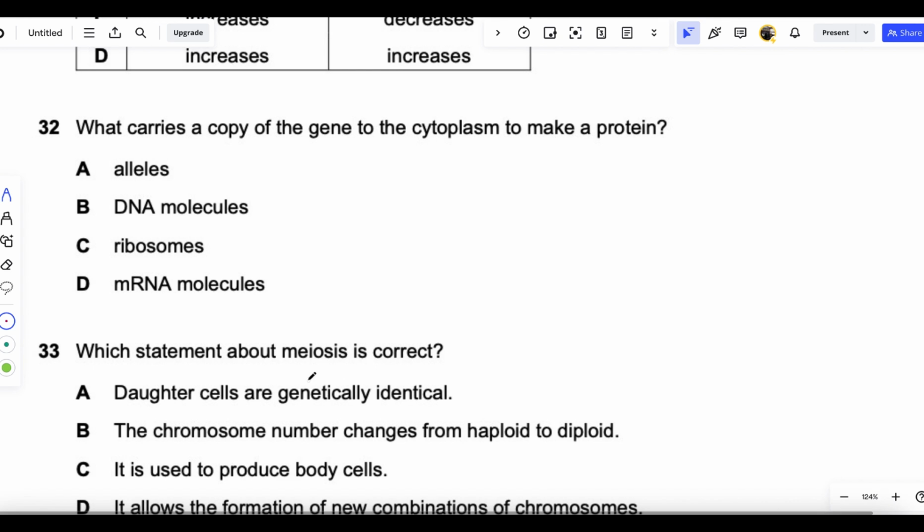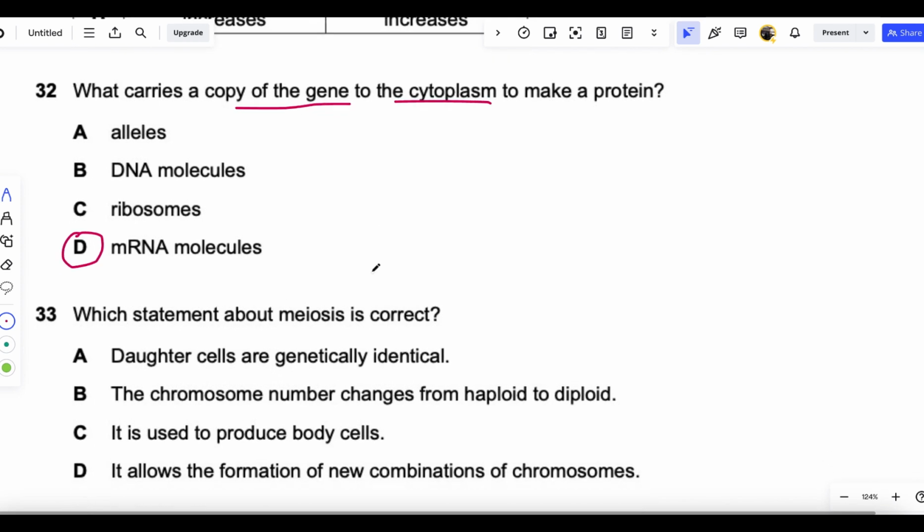That one is messenger RNA, ribonucleic acid, the molecule that will carry the copy of the gene to the cytoplasm to make protein. Is that okay? So that's that for that.